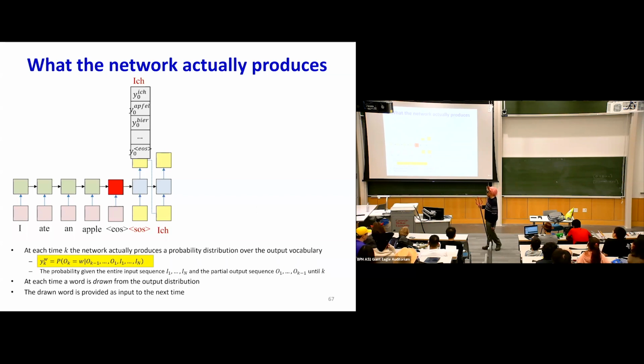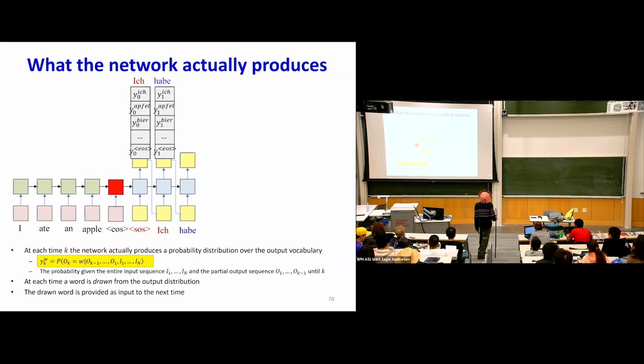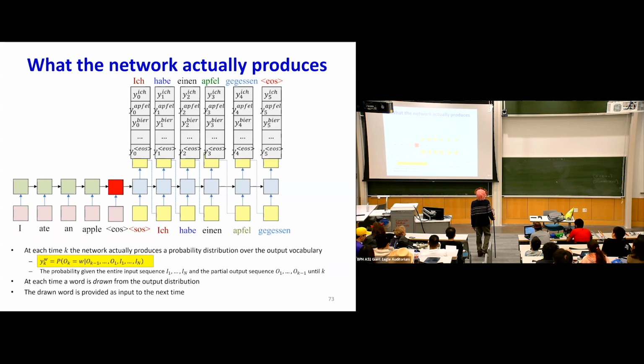Now that drawn word has gone back into the conditionals over here, and we're going to get a new probability distribution that includes that word as a conditional. Then you're going to draw the next word from that one, and so on. You continue this process, but at each time, remember that the probability distribution the network is computing is the probability over all words in the vocabulary, given the entire input and all the output words until that time, right?